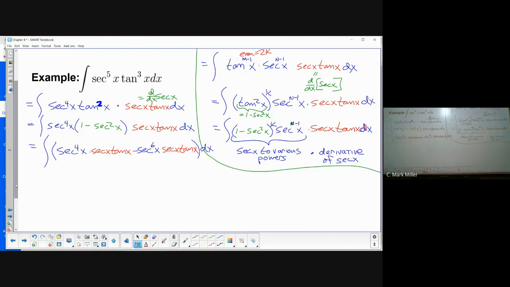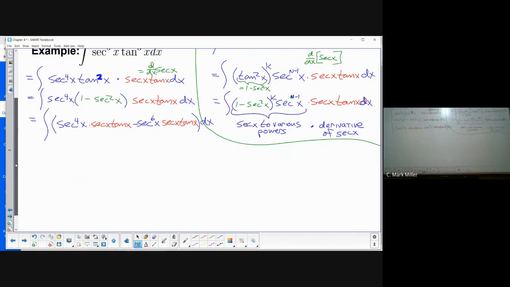Now I want you to see the logic. We now have secants to powers times the derivative, which I kept in red. That's why you peeled off that thing to begin with: it's the derivative of what you're about to get, all those secants. So this is trig function to a power times the derivative of that trig function.